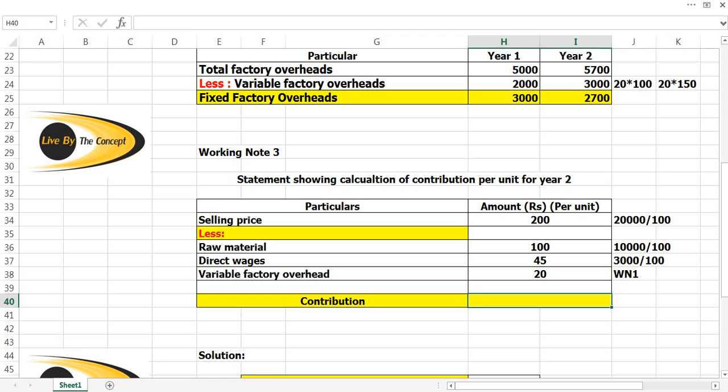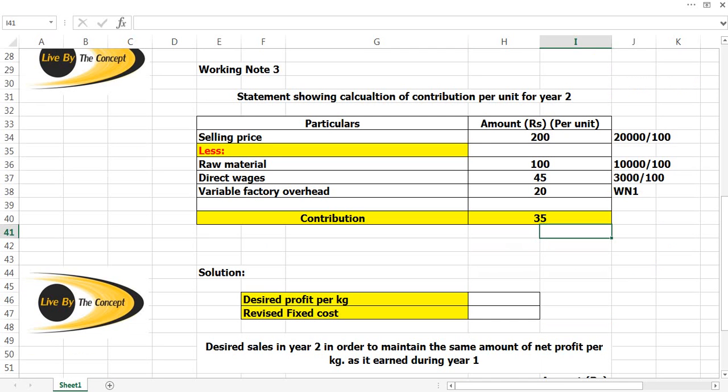So let us just calculate the contribution. So contribution is 200 minus 100 minus 45 minus 20. So that is how you are having the contribution of year 2, that is rupees 35. Now in the solution, they require that the net profit of year 1 should remain same for year 2.